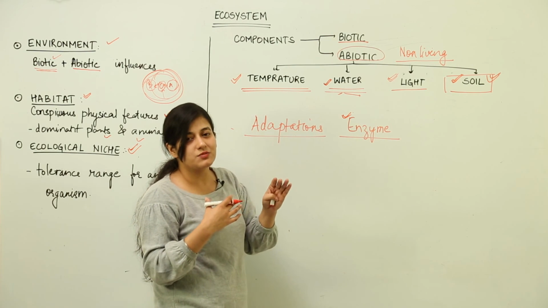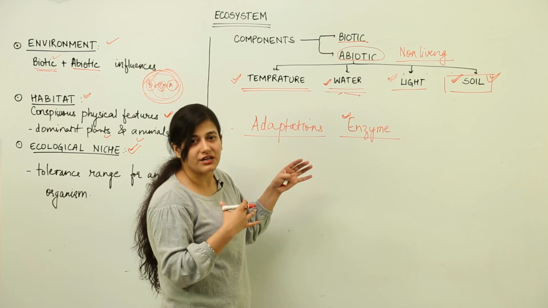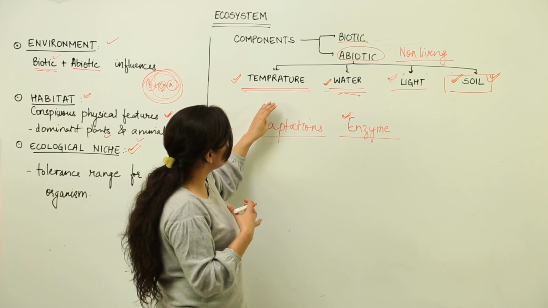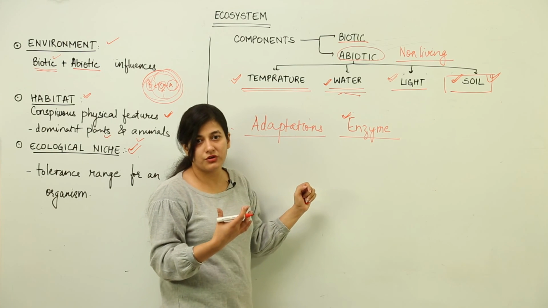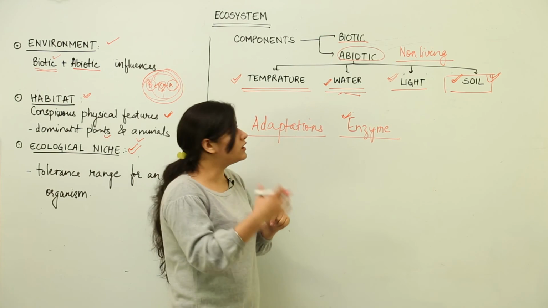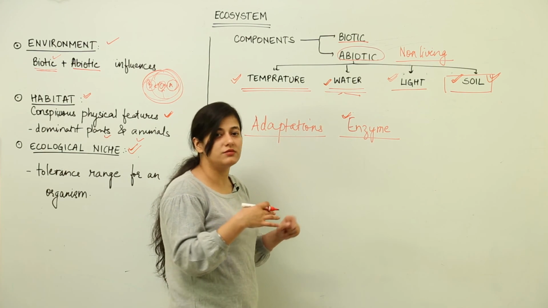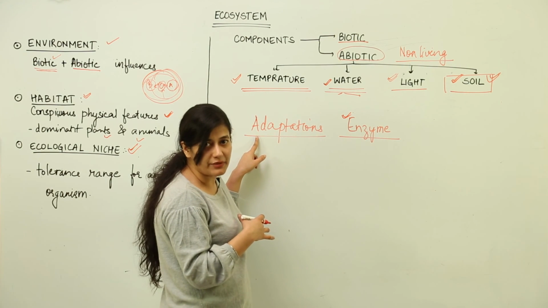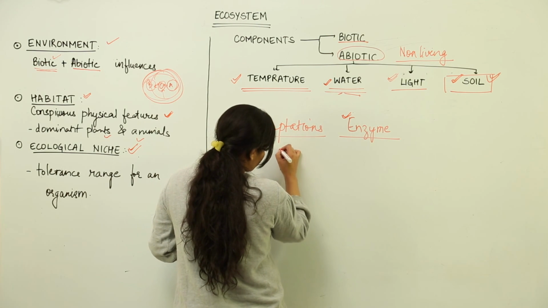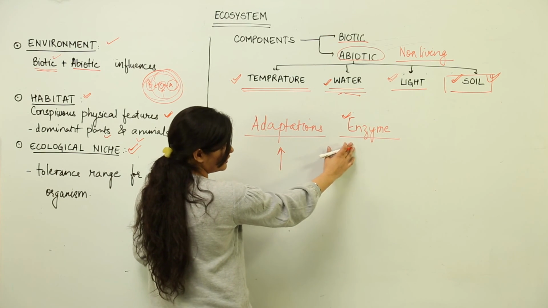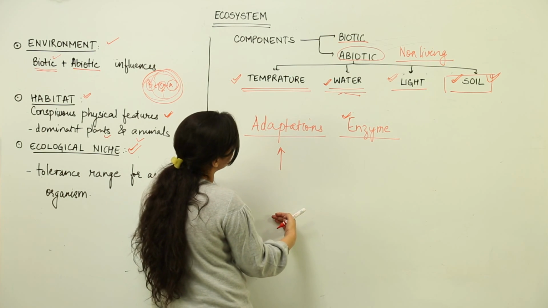These terms, productivity and output, are a study of ecosystem only, but for now you need to understand that temperature influences the productivity of an organism. So in order to increase or not let that productivity decline, that organism would undergo some sort of adaptation. When the temperature increases, it is going to decline the enzymatic activity. If it decreases, then also it is going to do the same.